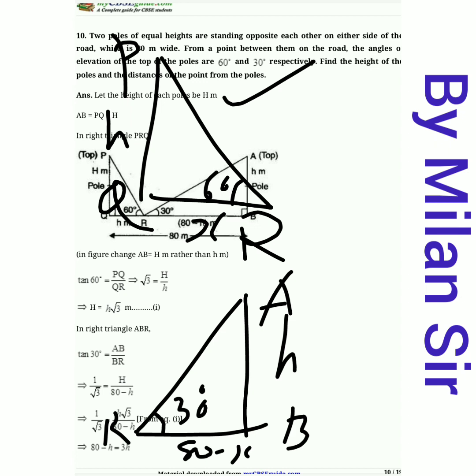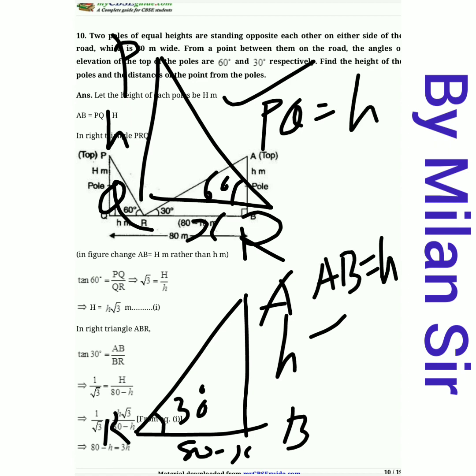Here PQ is there and here AB is there and both are equal to H. Here PQ is equal to H. Here AB is equal to H. So from both these triangles, if we find the value of PQ and AB, after that if we equate these two values, from that we can find the value of X. So just find out PQ from the first triangle and AB from the second triangle and equate these two values, we can find our X. And if we can find X, then we can find 80 minus X and also the height of the pole.